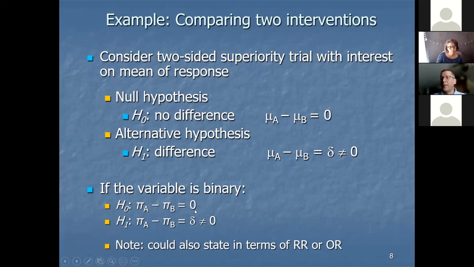The null is that there's no difference. Those proportions are the same, so the difference is 0. Or I can specify an alternative where the difference is a set amount. Is it 10 percentage points? Is it 25 percentage points? I can specify it this way, or I might specify it in terms of a relative risk or an odds ratio.